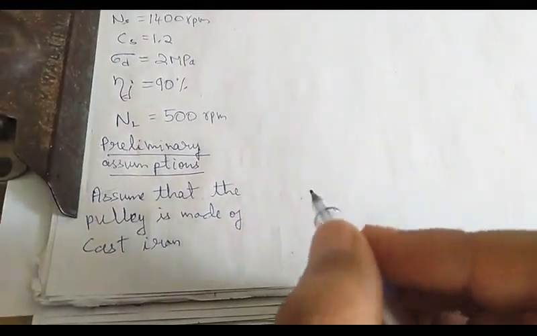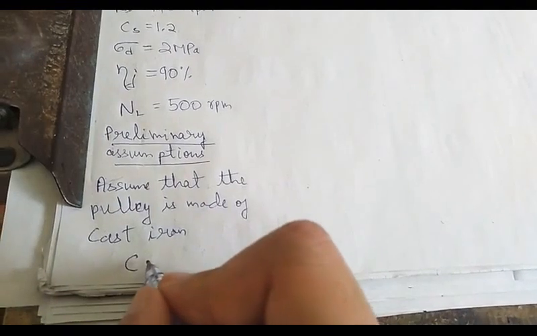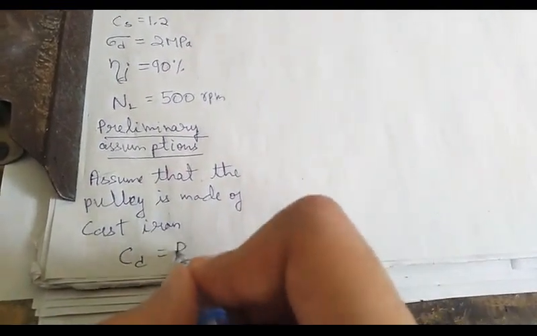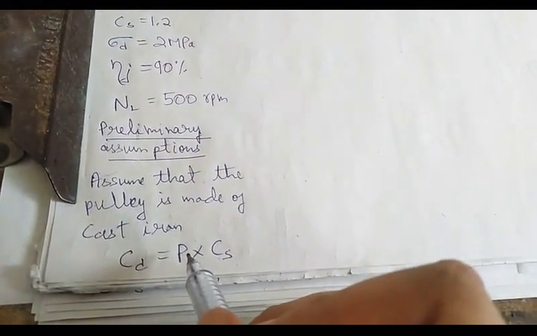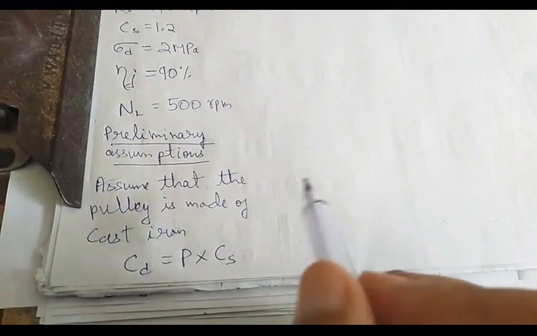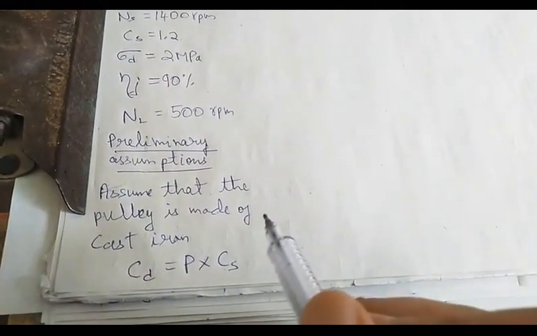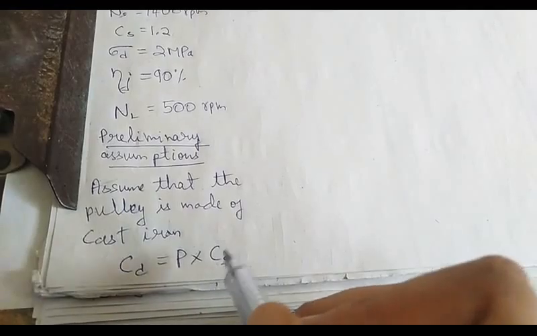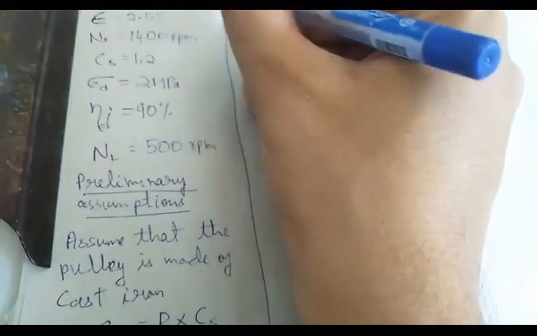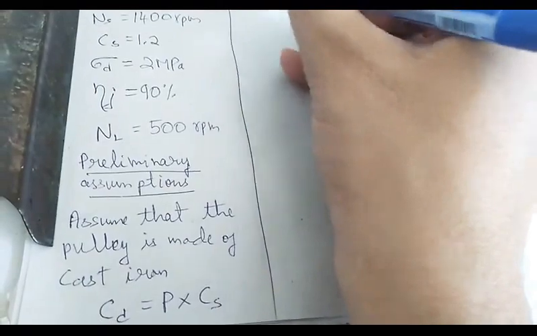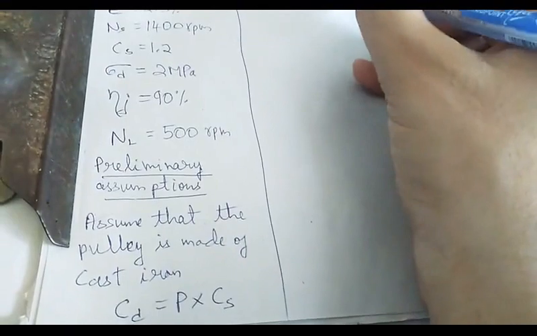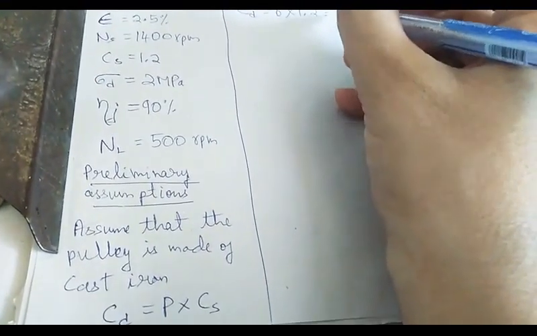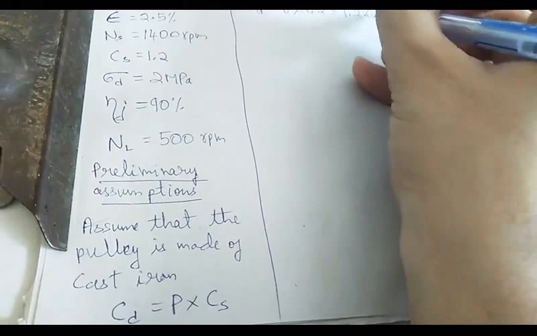For design considerations we need to take the design power CD, which is the power into service factor CS. The actual power is 6 kilowatt, but we have to design the entire belt drive for slightly higher power. CD is equal to 6 kilowatt into 1.2, so it becomes 7.2 kilowatt.